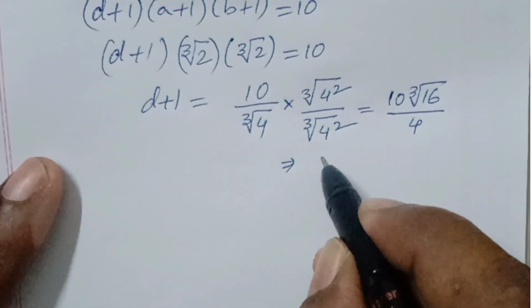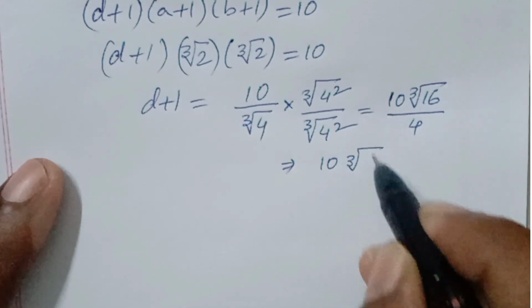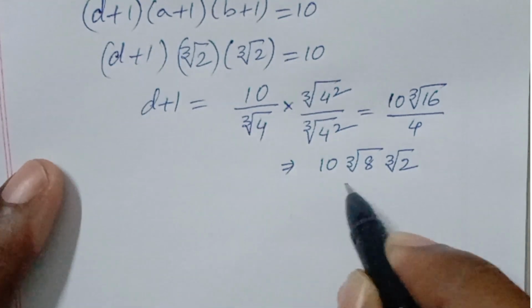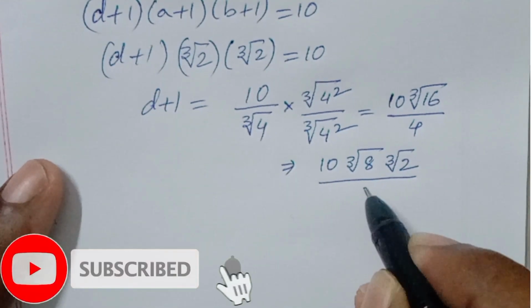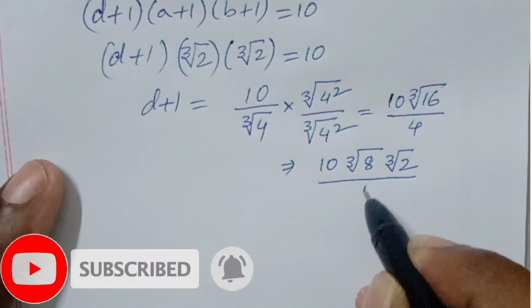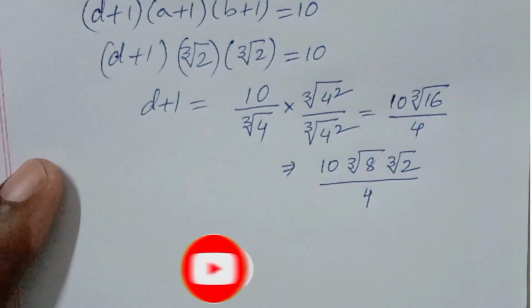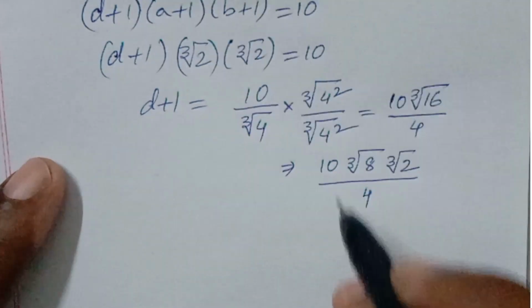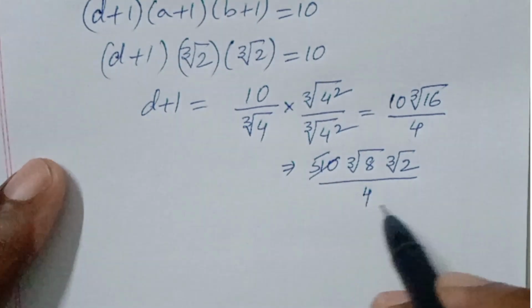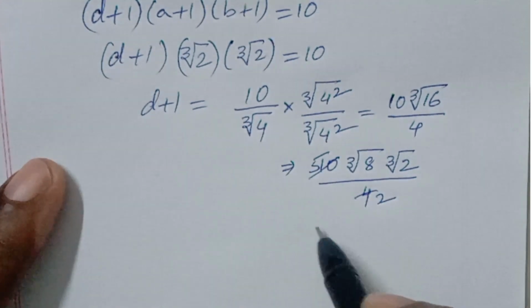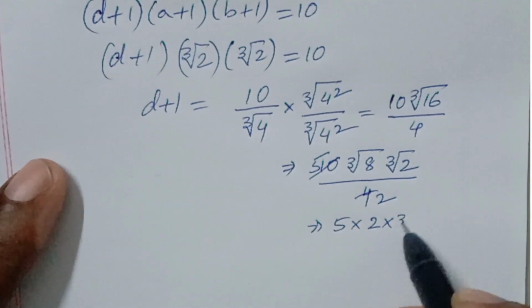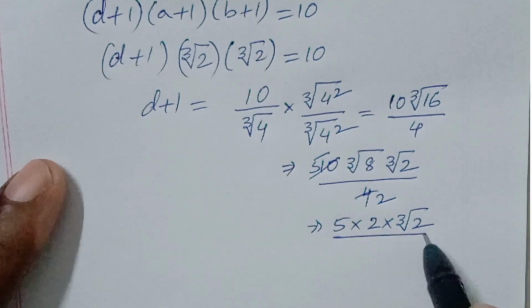So here we'll get 10 times cube root of 8 times cube root of 2 by 4. Five goes into 10 two times, so 5 times cube root of 8, which is 2 times cube root of 2, by 2.